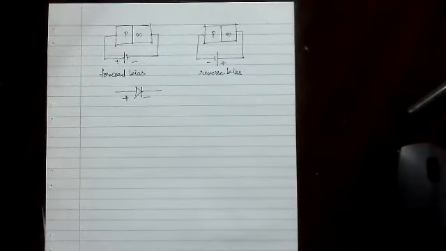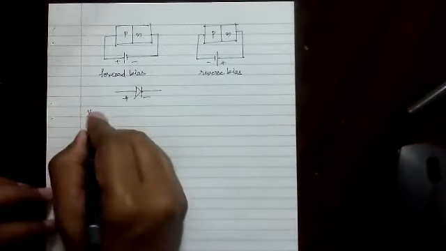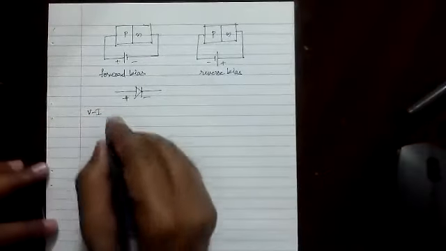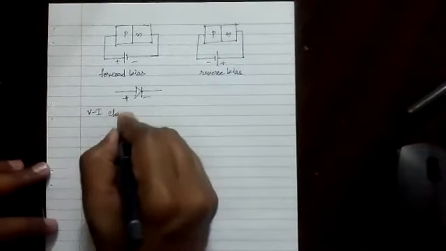If you look at the diagram, now we will study the VA characteristics. This is there in your practical also. VA characteristics of a junction diode.